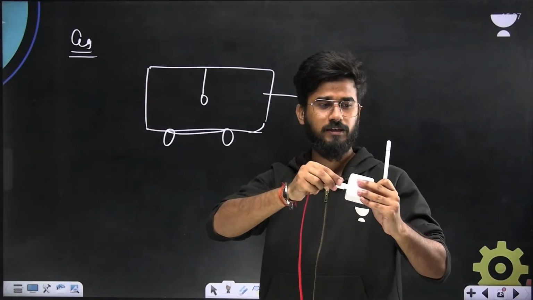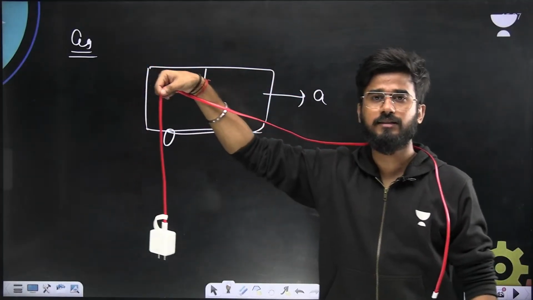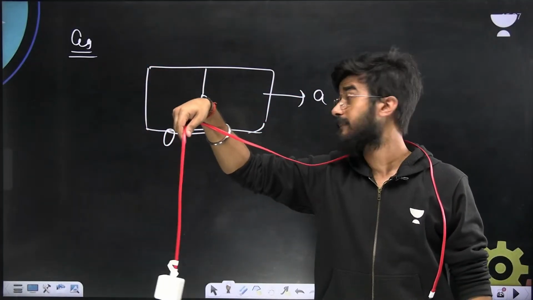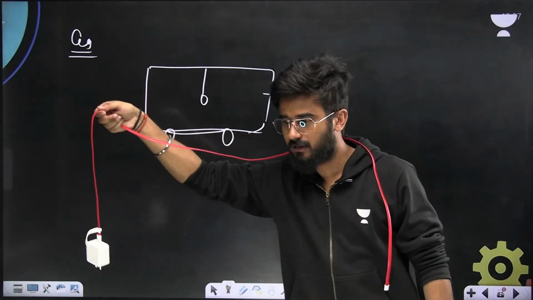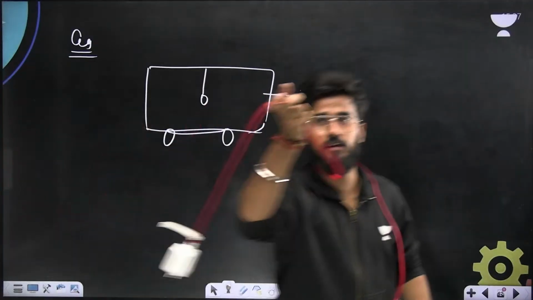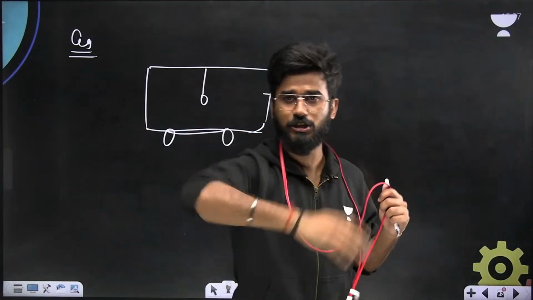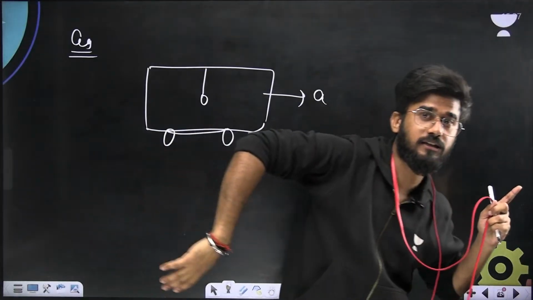Just look at me. Now this is the pendulum in the bus which is moving with the acceleration A. If I'm moving like this, in this direction, it will go like this.